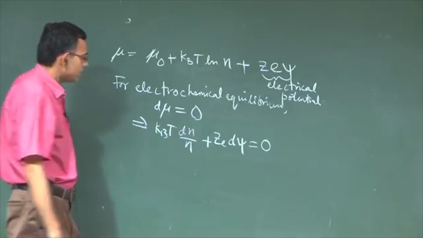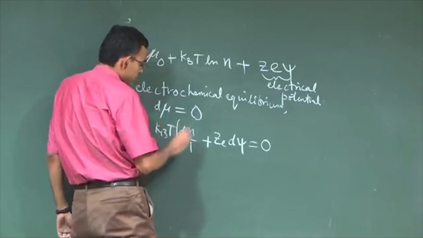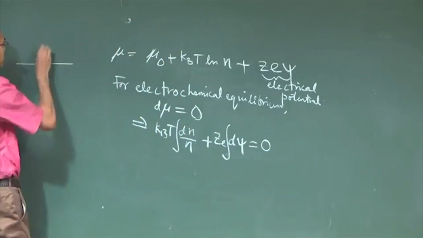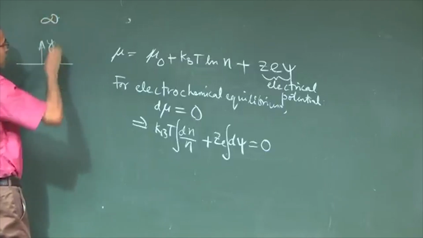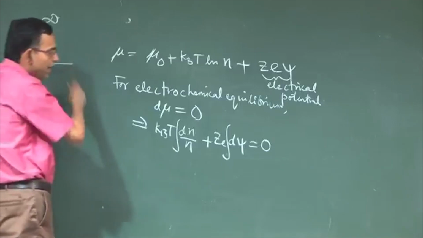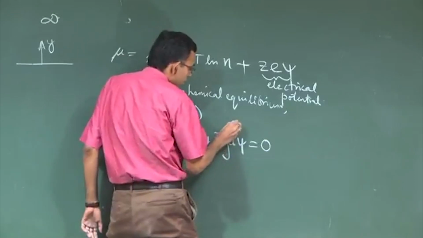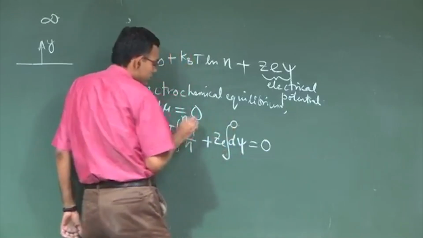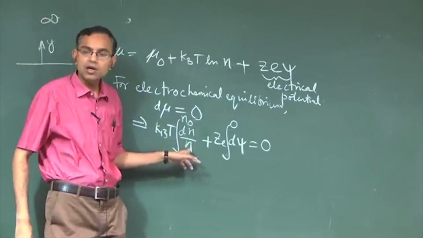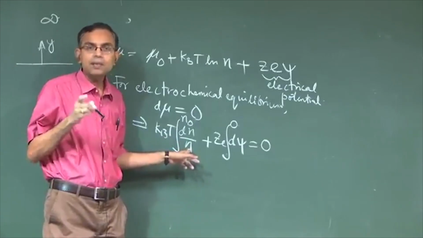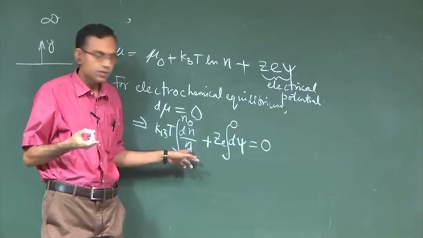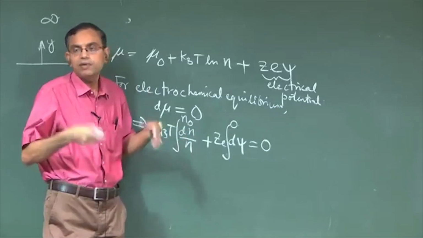So, now let us say at infinity, infinity means far away from the solid boundary. At infinity, the effect of charging of the wall is not felt. So, at infinity you have psi equal to 0 and n is equal to n0, which is the bulk concentration of the species. So, n refers to the concentration of that particular species. For example, we can give a symbol n plus for Na plus, n minus for Cl minus, like that. So, it is a generic n which could be positive ion, negative ion, whatever.